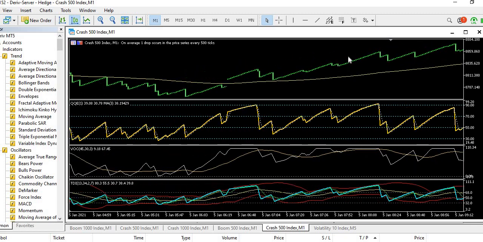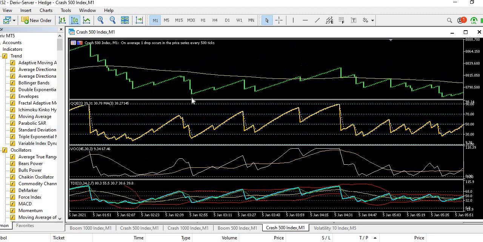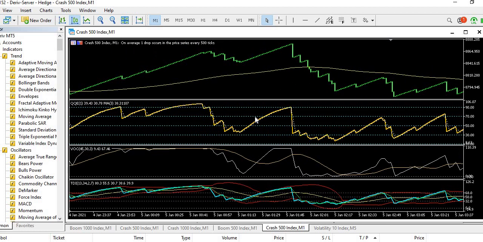Even as you are adding divergences and trying to confirm with the TDI indicator, try to make a combination of them. You see this point here, this one is lower than this point. So this one is giving us a divergence, and here it's going to the top.